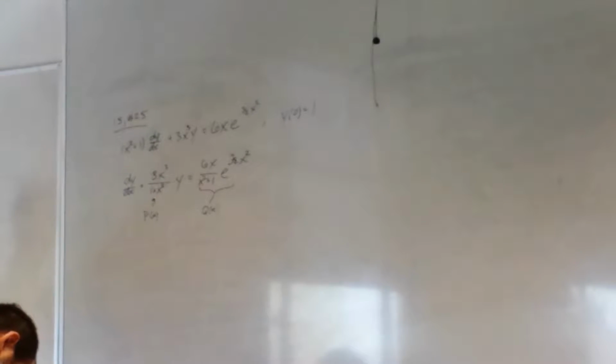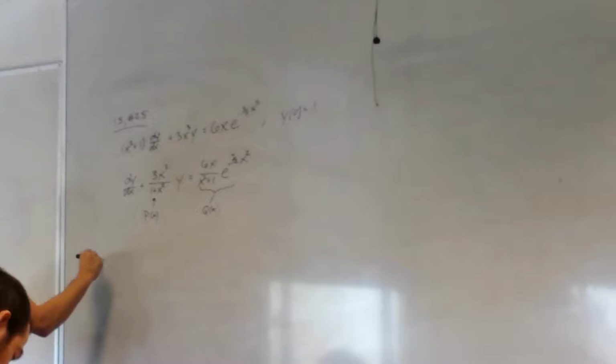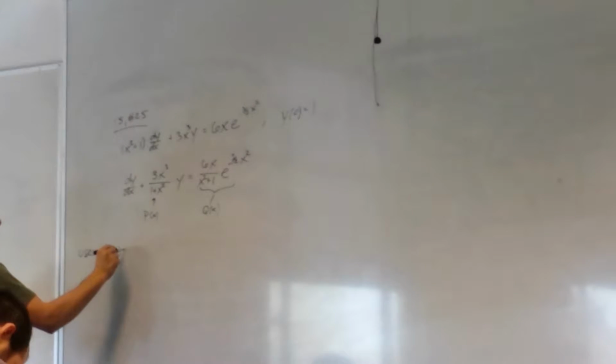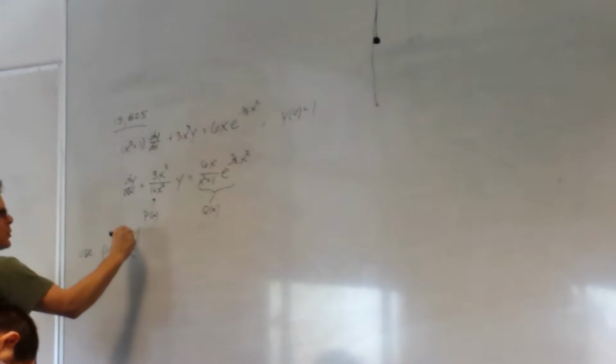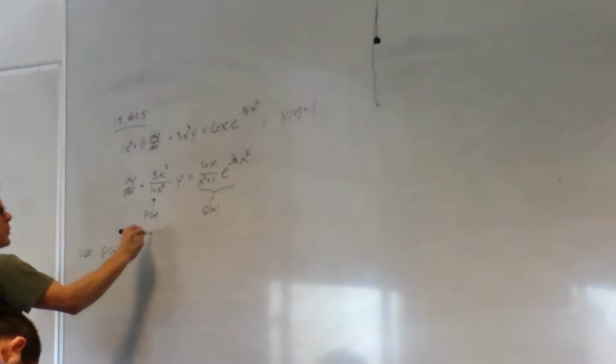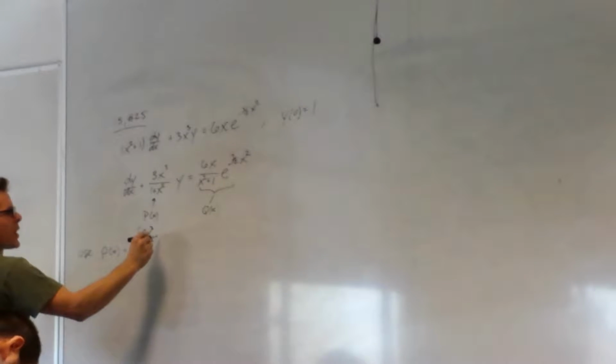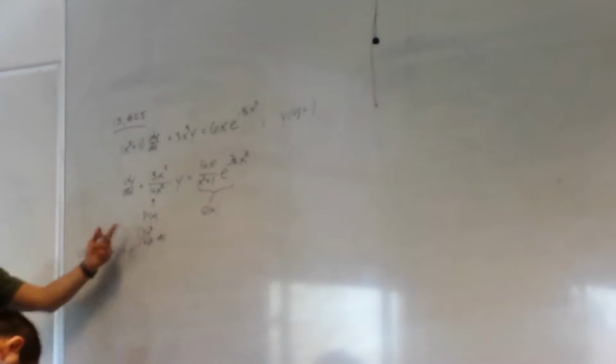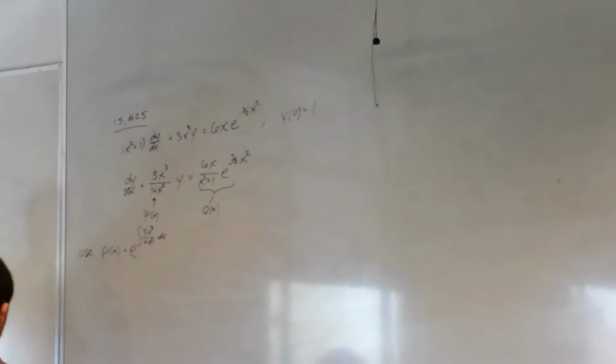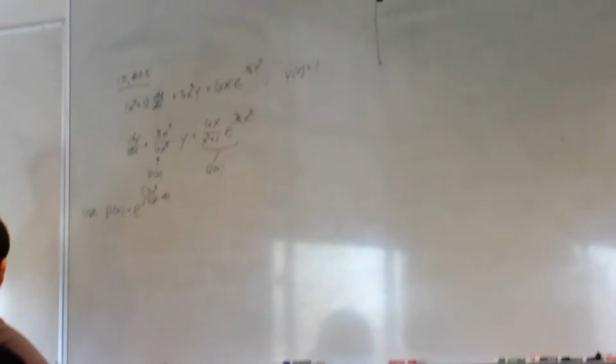Okay? What it says to do is use an integrating factor that we call rho of x, which is e to the integral of p of x dx, here 3x cubed over 1 plus x squared dx. How do you handle that? Is there no way to reduce that?